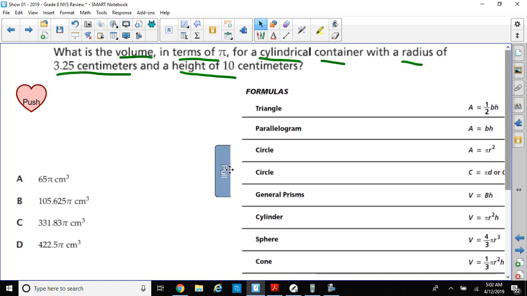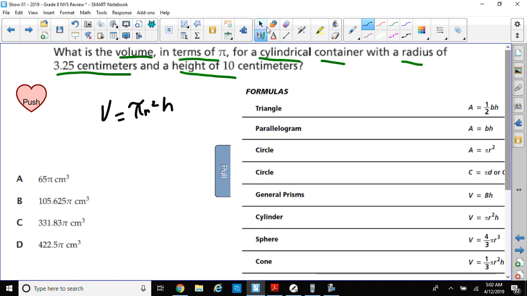So I'll just move that there so we can use it. All right, let me get a pen again and fill in some stuff. This is where a calculator does come in handy. V equals pi r squared h.